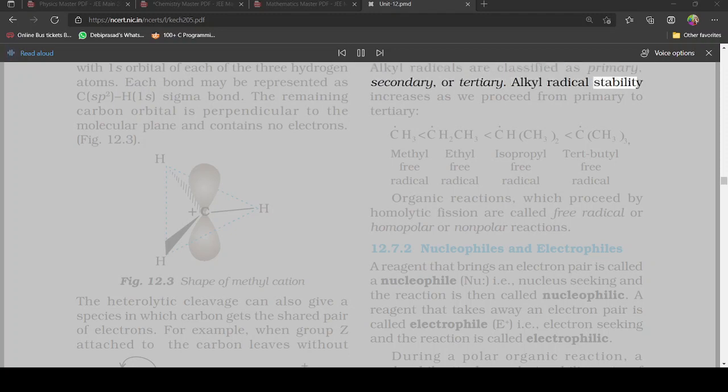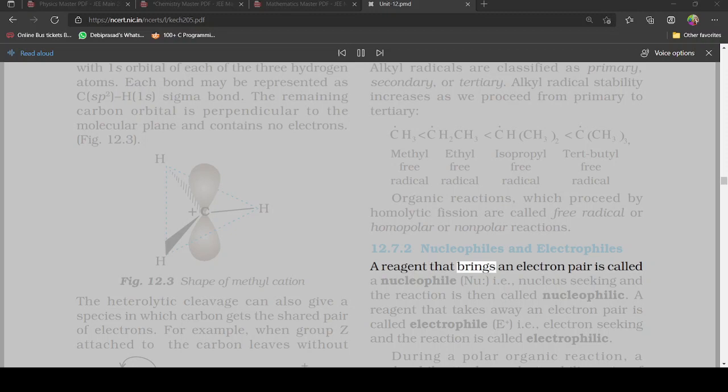Alkyl radical stability increases as we proceed from primary to tertiary: methyl, ethyl, isopropyl, tert-butyl free radical. Organic reactions which proceed by homolytic fission are called free radical or homopolar or nonpolar reactions.